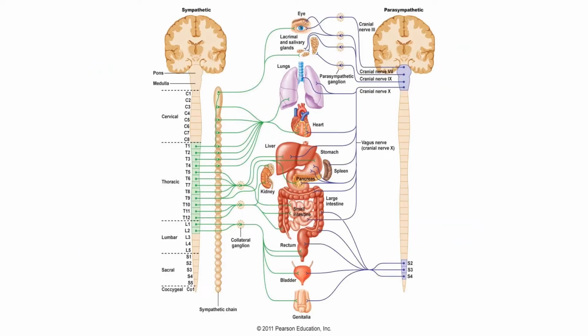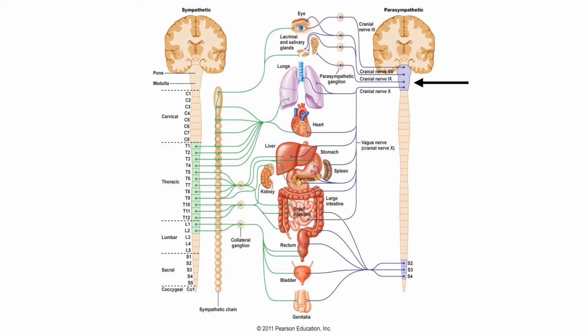What is this diagram showing me? Look to your right. It is the plan of parasympathetic system. And is it showing me where are the preganglionic neurons? The answer is yes. They are in the brain stem. What does the brain stem have?